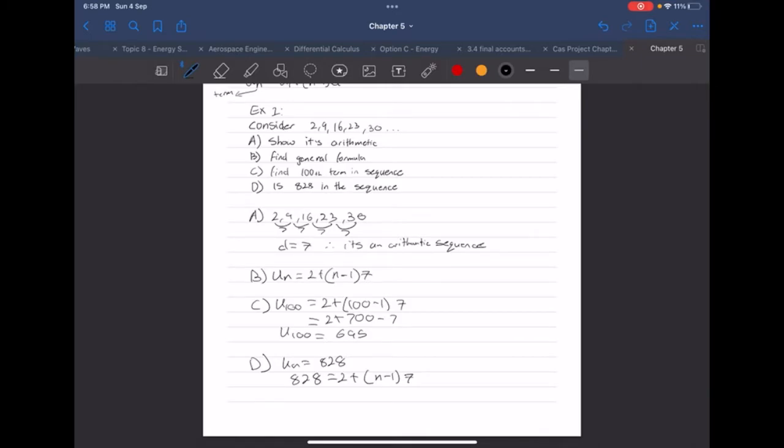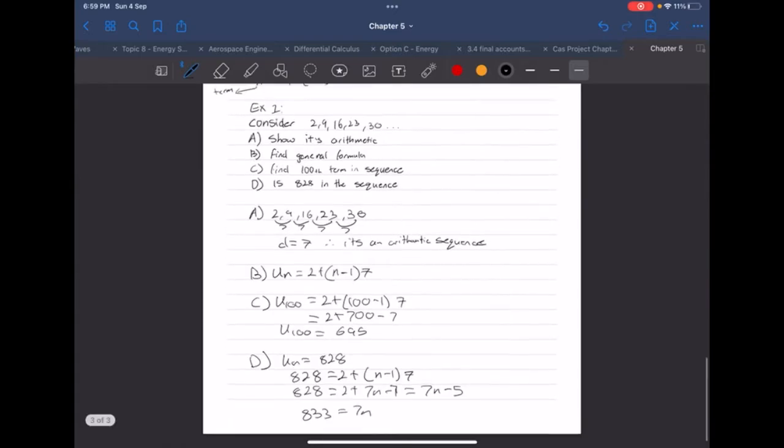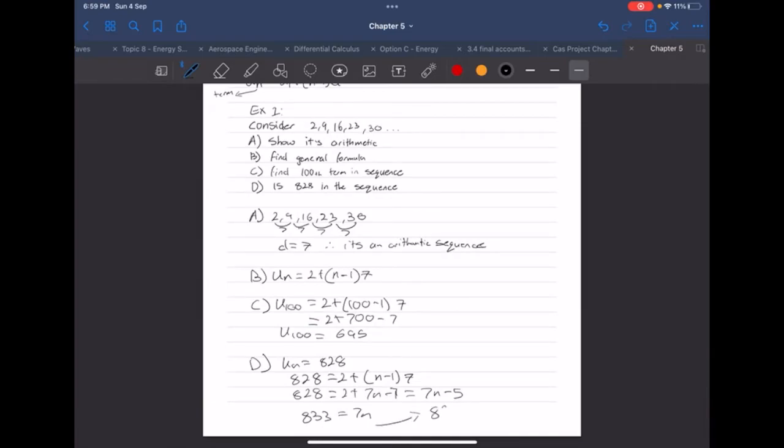So 828 equals 2 plus 7n minus 7, which equals 7n minus 5. We can bring the 5 to the other side, which becomes plus 5. So 833 should equal 7n, and 833 divided by 7 should equal n, and n equals 119. Because n is a whole number, it is in the sequence. It's the 119th term.